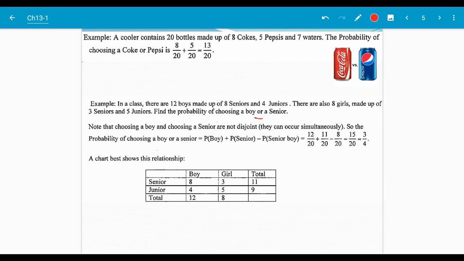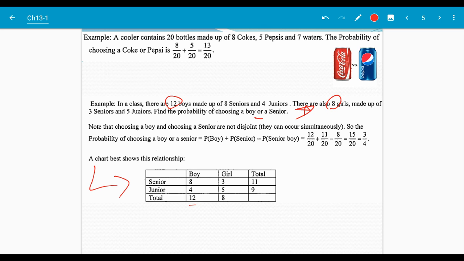Now, we have to fill in some blanks here because from the numbers that we were given in our description up here, we don't really have the full picture just yet. And we did see that there are 12 overall boys, 8 overall girls. Let's make this chart down here to kind of organize what's going on. We had said that there were 12 boys.